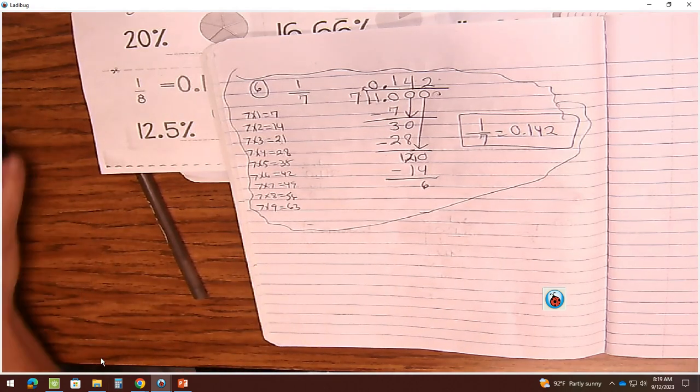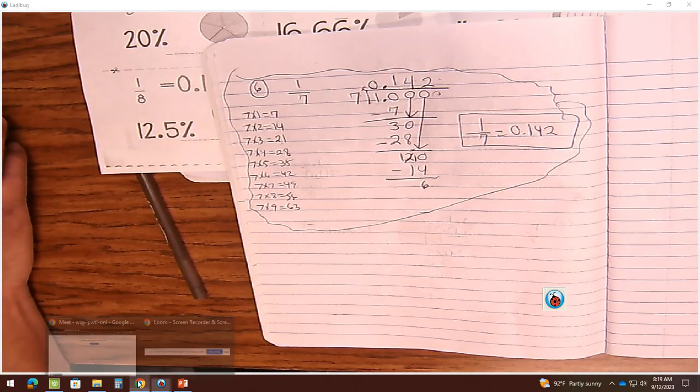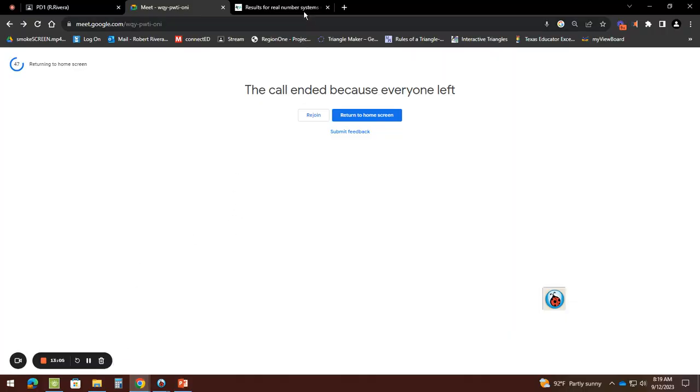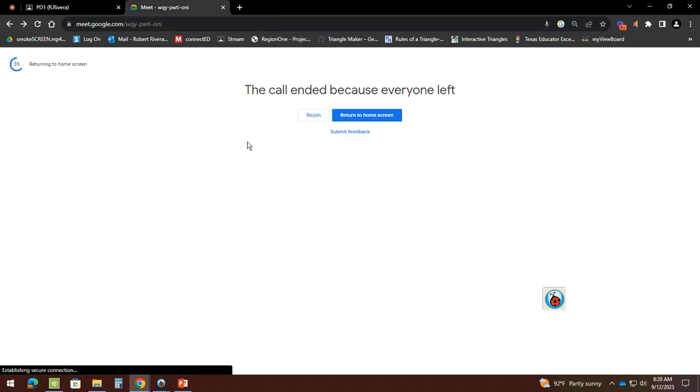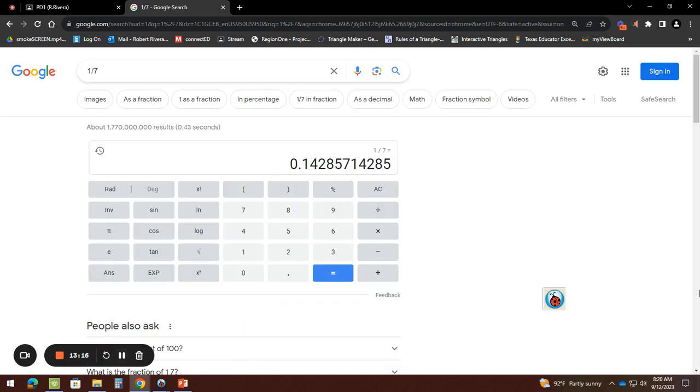Let me see if I can show you so you can really see it. Okay, so I wanted to show you what I mean that this one eventually will be a repeater, but will be there forever.